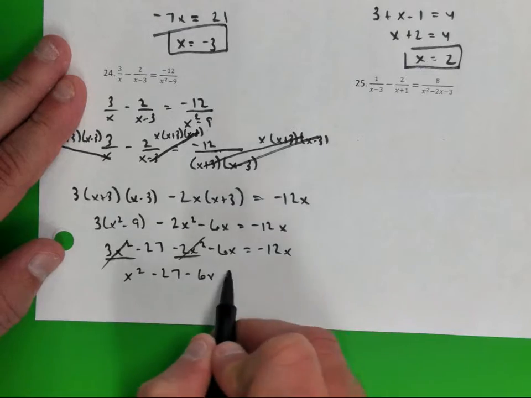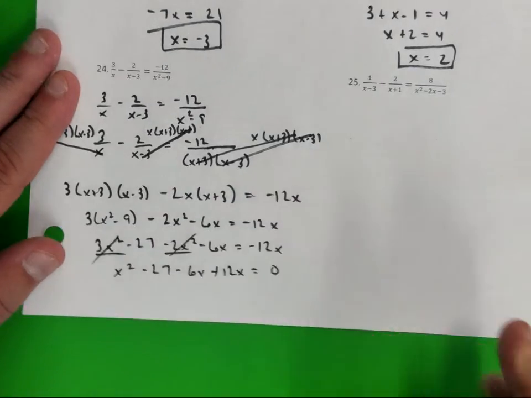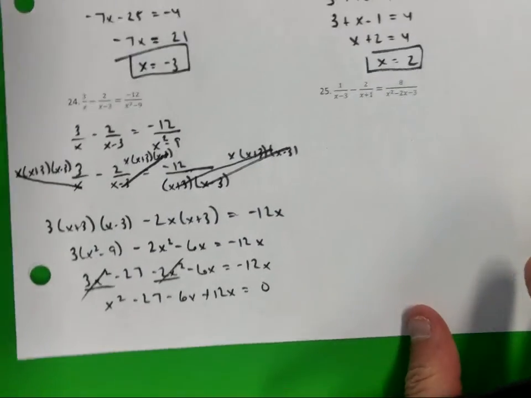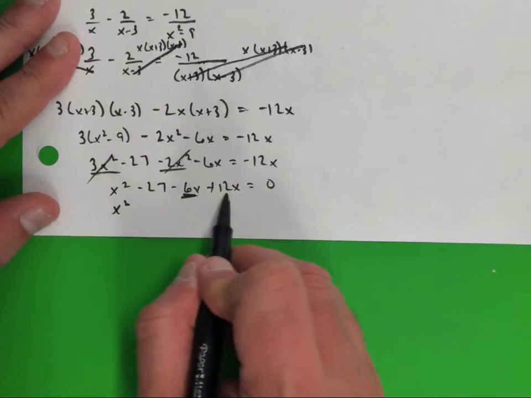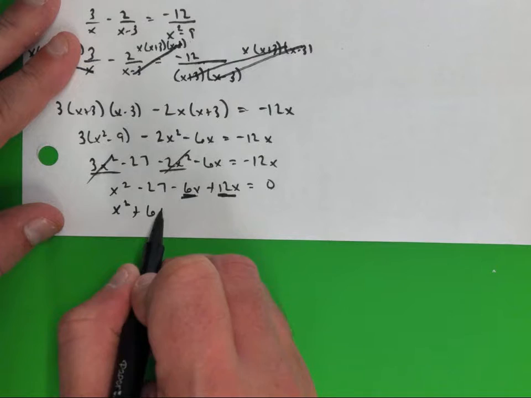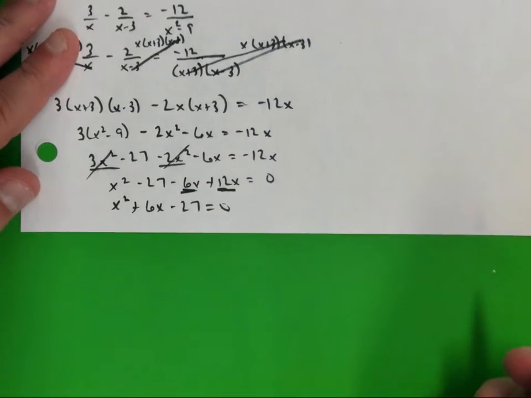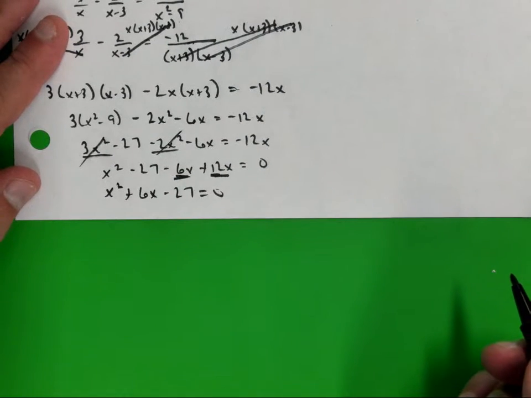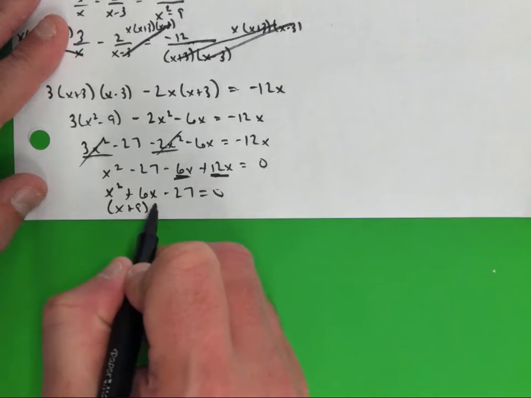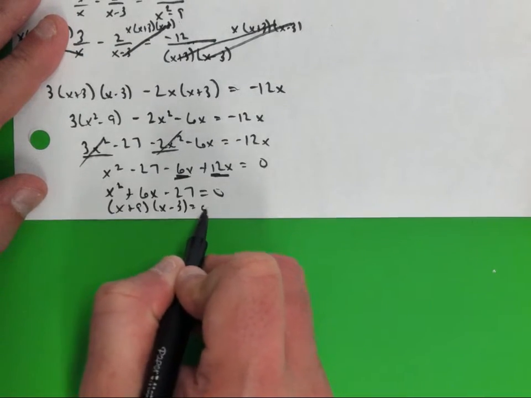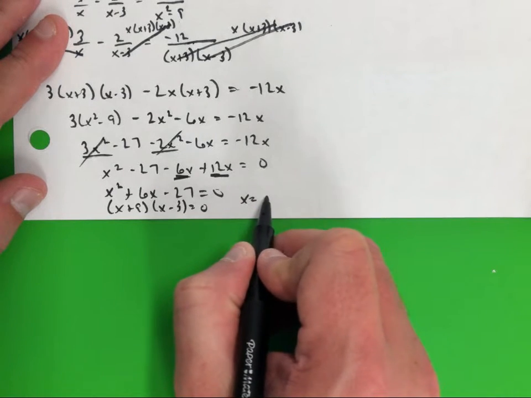I already did that, because it needs to be set equal to 0. So x squared, negative 6x and 12x gives me a positive 6x minus 27 equals 0. If I factor that, that's going to be x plus 9, x minus 3. So x equals what?